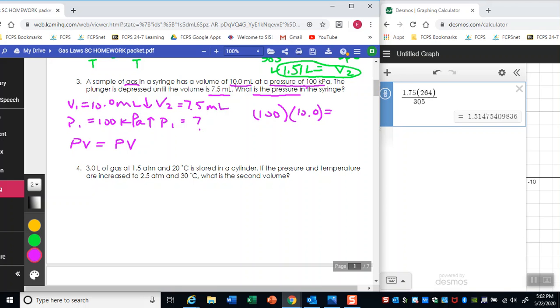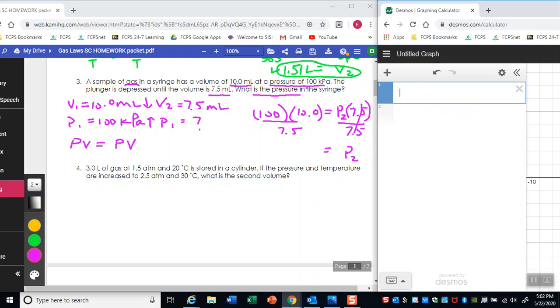And I don't know the new pressure, and the new volume was 7.5 milliliters. All right, so I want to get this new pressure, and it's multiplied by 7.5, so I'm going to divide by 7.5 on both sides. That's 1, so my new pressure is going to be whatever that is.